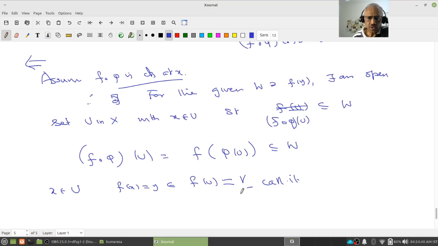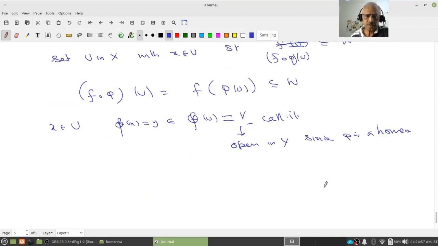Now since phi is a homeomorphism, I know this is an open set in Y. Since, again, I am sorry, phi of U, since phi is a homeomorphism. Okay, let me again write this.